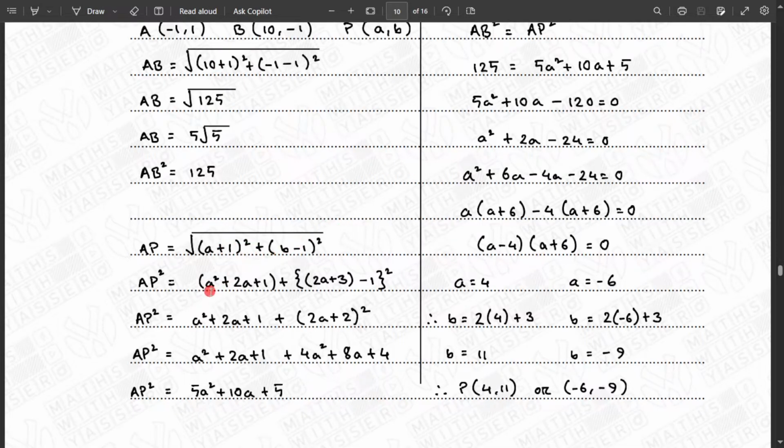So AP square is equal to a square plus 2a plus 1, plus we can substitute b as 2a plus 3, which we have expressed previously. 2a plus 3 minus 1 whole square, or we can write it as a square plus 2a plus 1 plus (2a plus 2) whole square. So this will become a square plus 2a plus 1 plus 4a square plus 8a plus 4. Simplifying it further will get us 5a square plus 10a plus 5.